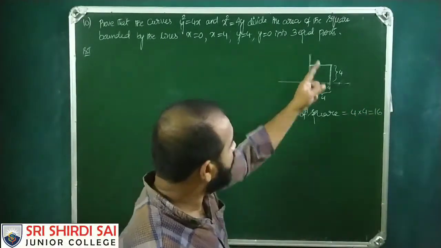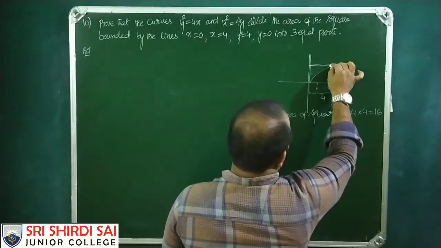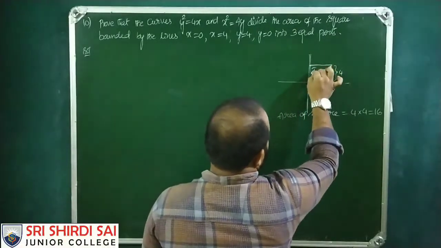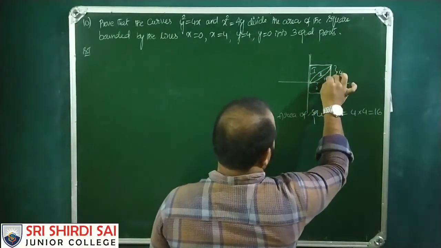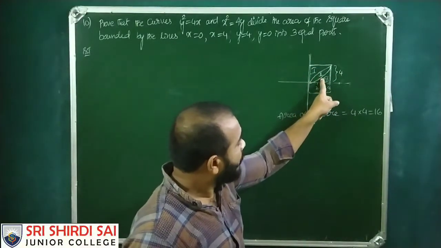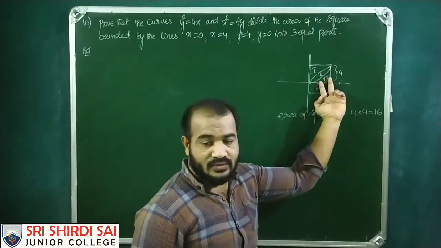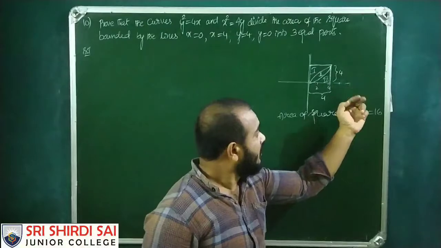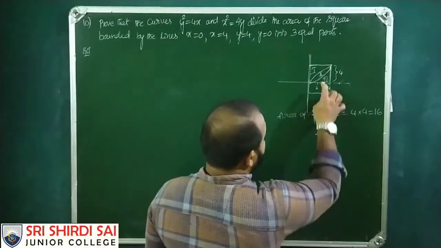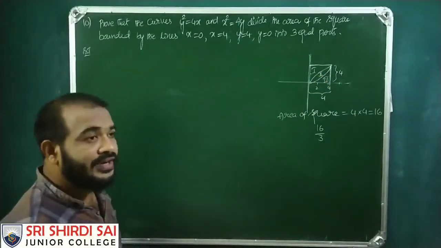Now here 3 equal parts. That means, for example, we are going to have 2 parabolas like this. Therefore, this is 1, this is 2, this is 3. So these 3, that is 1 parabola, down parabola. Therefore, this is 1 area, this is 1 area, this is 1 area. So 3 parts into equal parts means 16 by 3, 16 by 3, 16 by 3. So actually this is how we need to get that.